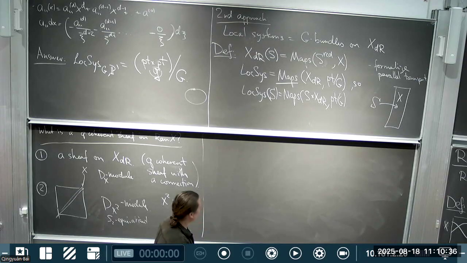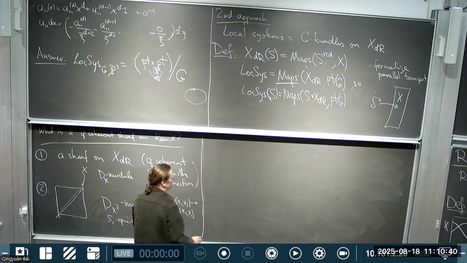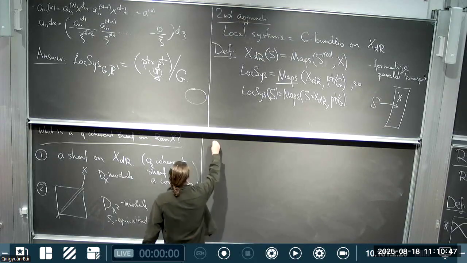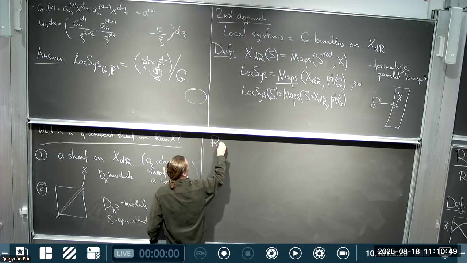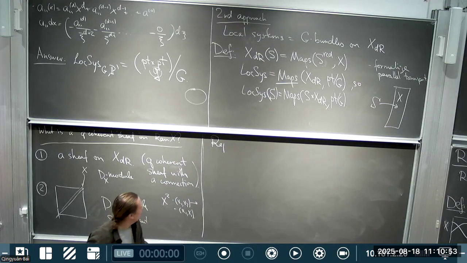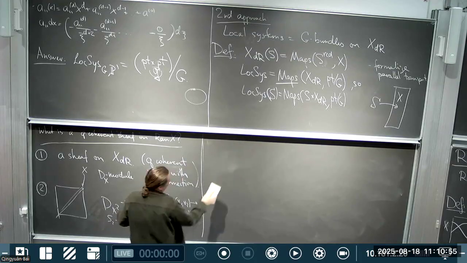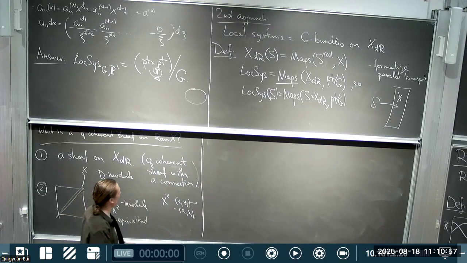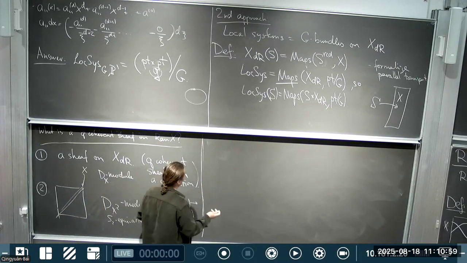So my goal is to define, so let me first say what I should do, and then we'll see whether I do this or I don't. So my goal is to define the Ran version of the category of representations of my group G.